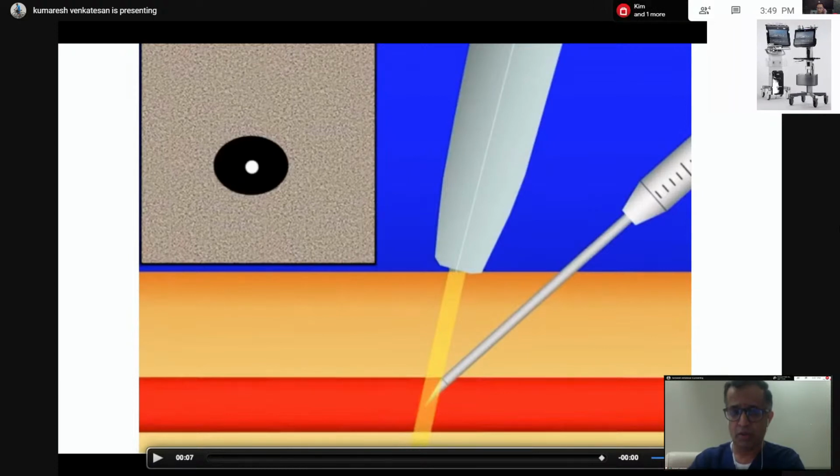Then you see this bright spot, just like a light appearing in a dark tunnel. Once you have seen this bright spot within the vessel, you are certain that the needle tip is within the vessel, and you can aspirate blood and then advance the guide wire through the needle.